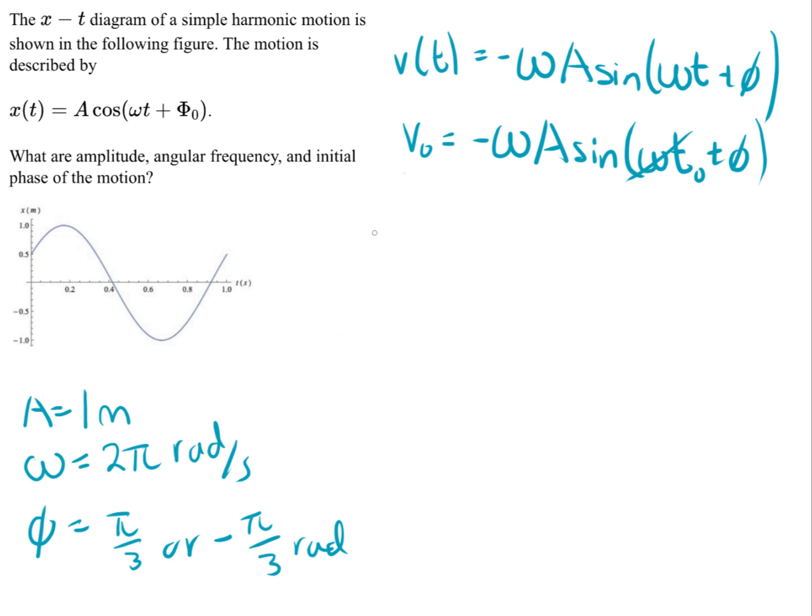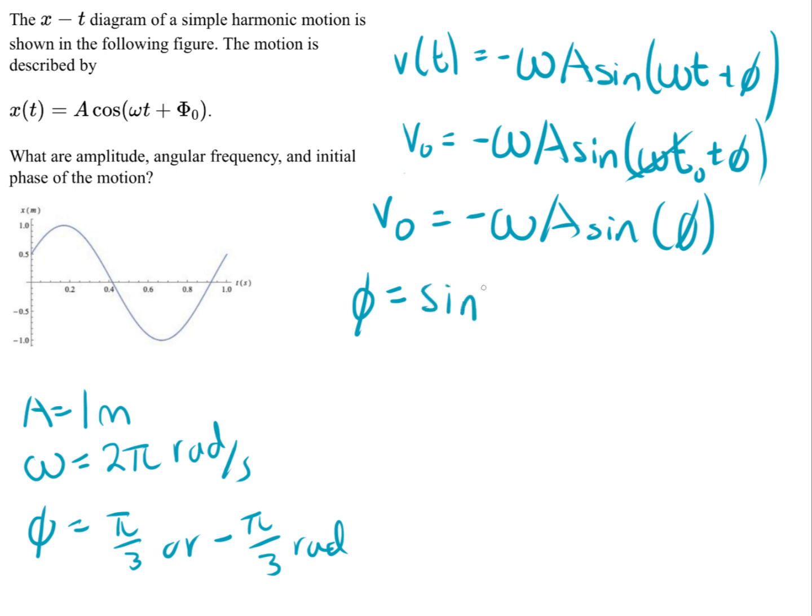So we're left with the initial velocity is equal to minus omega A sine of the phase constant. And now, if we solve for the phase constant, we get that the phase constant is equal to the inverse sine of the negative of the initial velocity divided by the angular frequency times the amplitude.